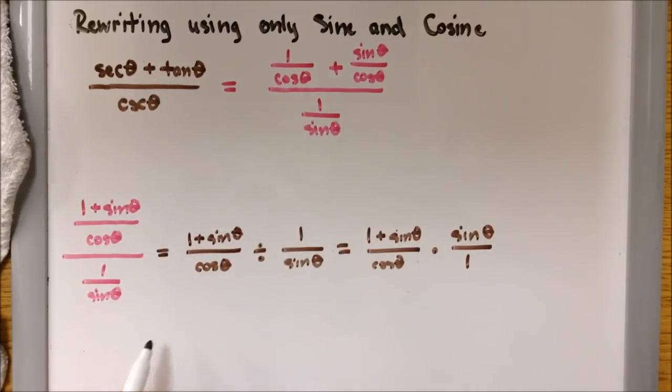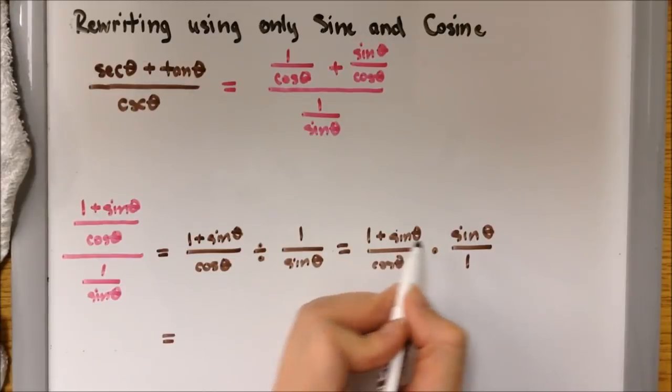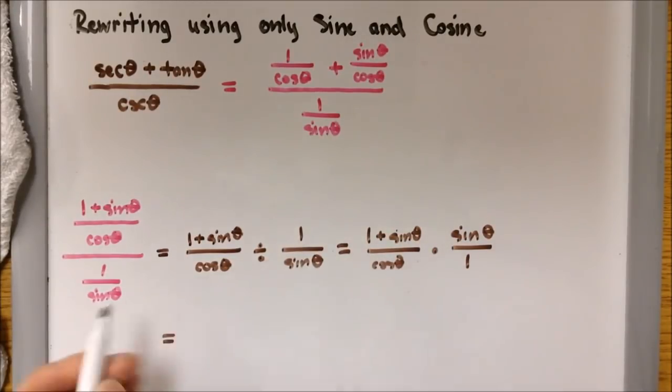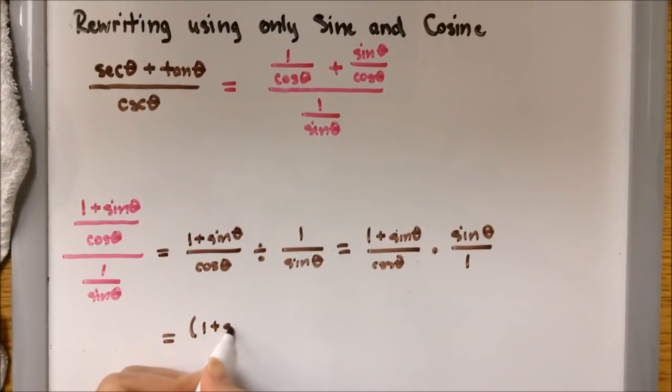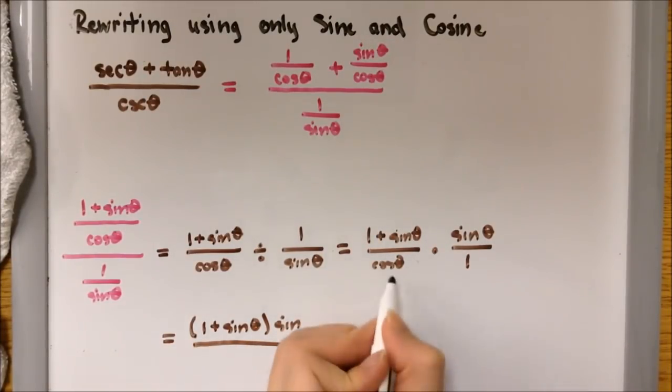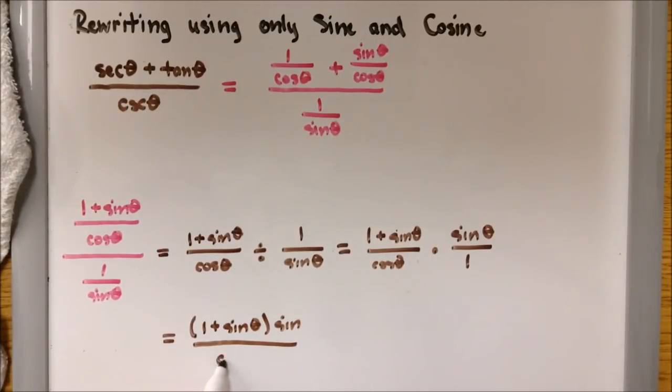So let's multiply straight across. So 1 plus sine theta times sine theta. Let me write it out here. 1 plus sine theta times sine theta. So that's what happens here. Cosine theta times 1 is simply cosine theta. Now, here we can just simply distribute the sine.